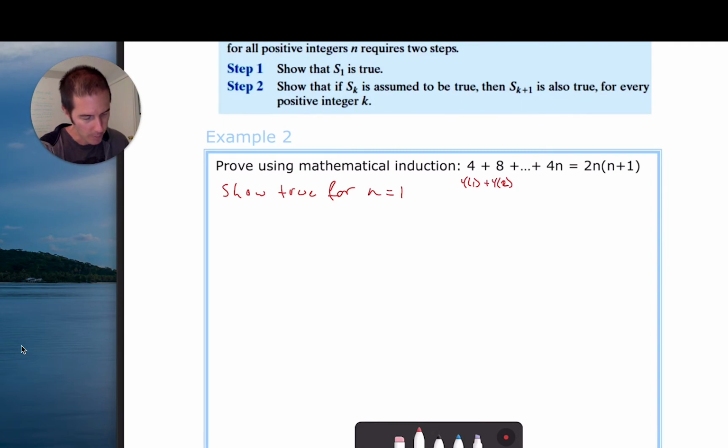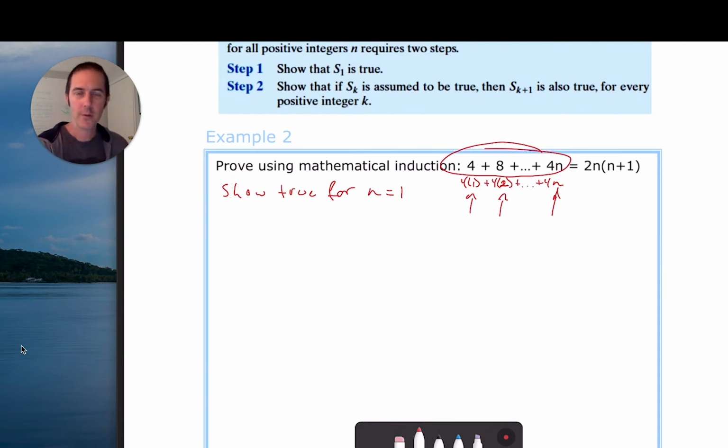That's a 1. That's a 2. What comes next? 3, 4, 5, all the way up to 4 times n. I think we can safely say that there are n terms right here.